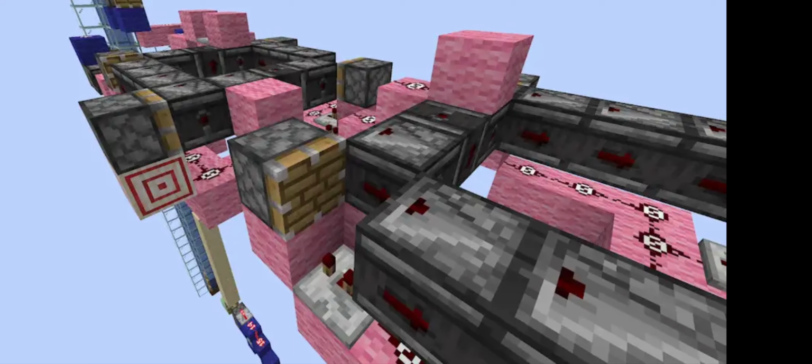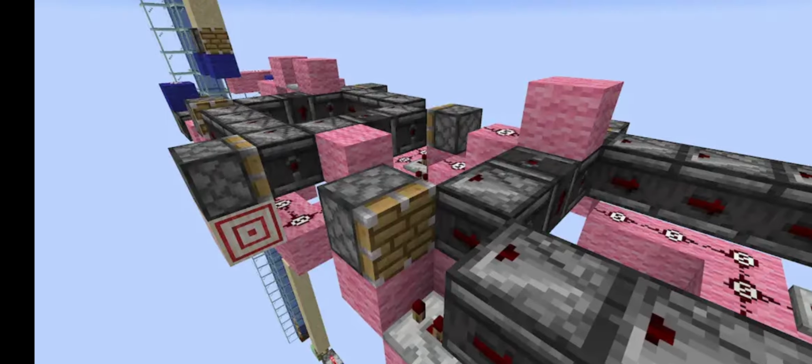It activates, which in turn activates this again, which spurs it off. One, two, which means it must be trigger. 1, 2.